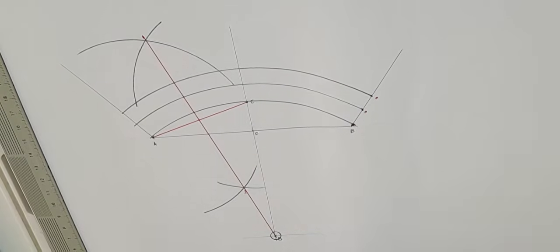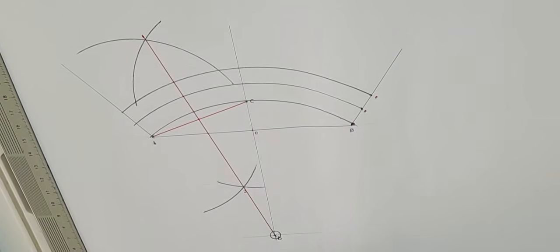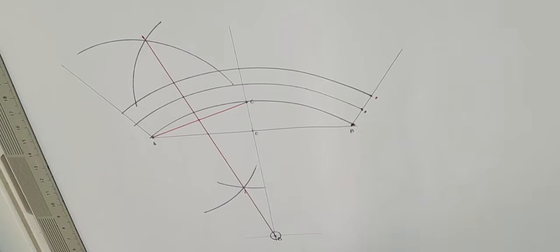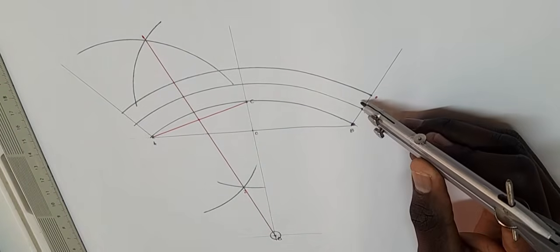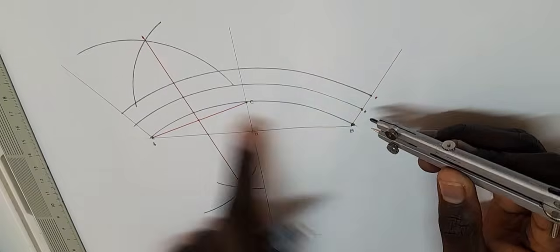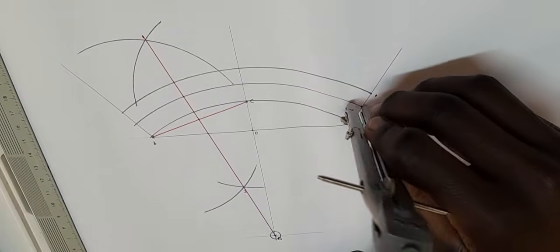The diameter of the circle, or the external part of the circle, we are going to use it to construct the bricks over here. Understood? So here you want to take your compass and measure 7,5 here. Open it up to 7,5 and point here on the middle line and bisect this line.